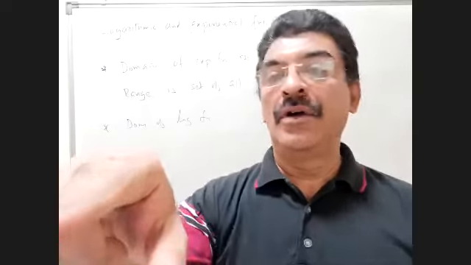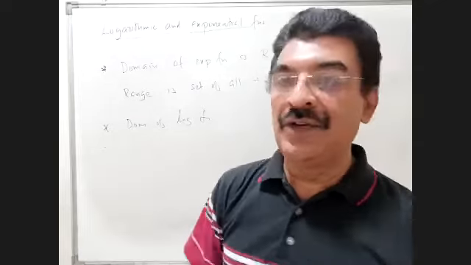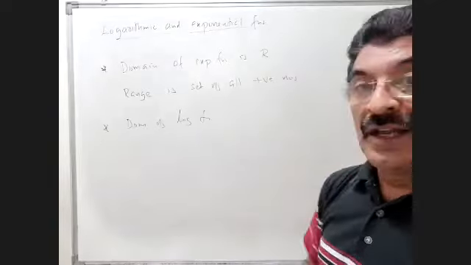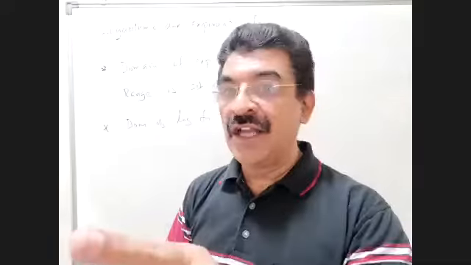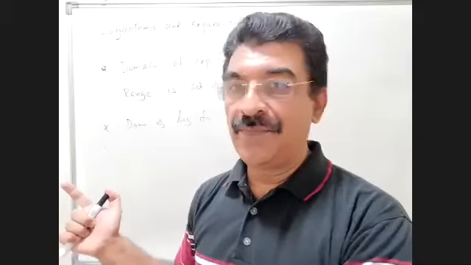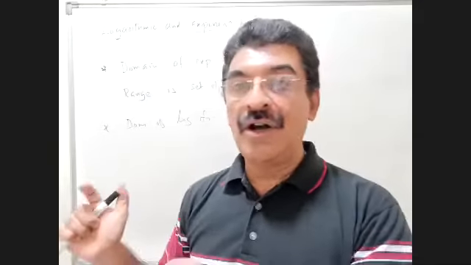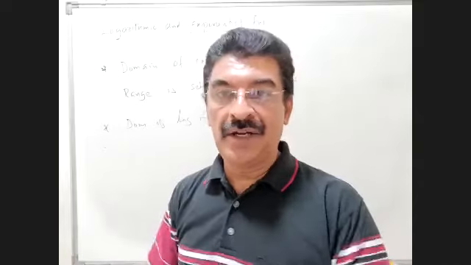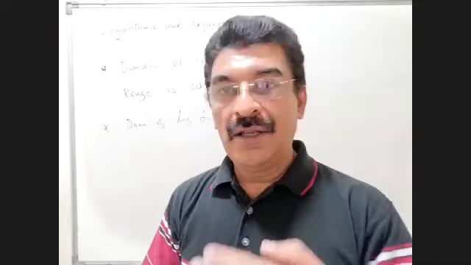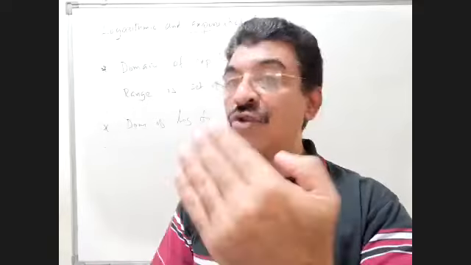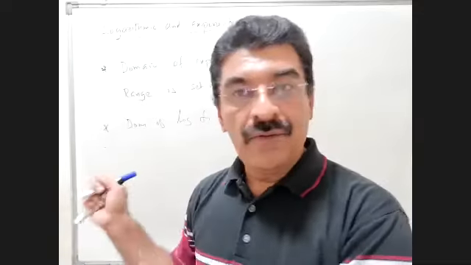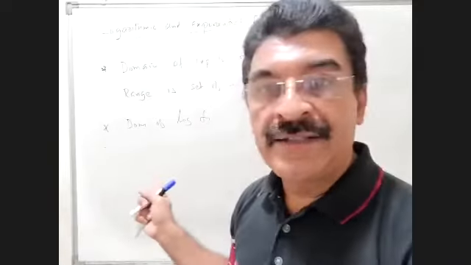Okay, Yusuf asked a question. What if you take minus 10 raised to 3? We are talking about natural logarithms, which go with the natural exponential function. Similarly, common logarithm goes with common exponential function.